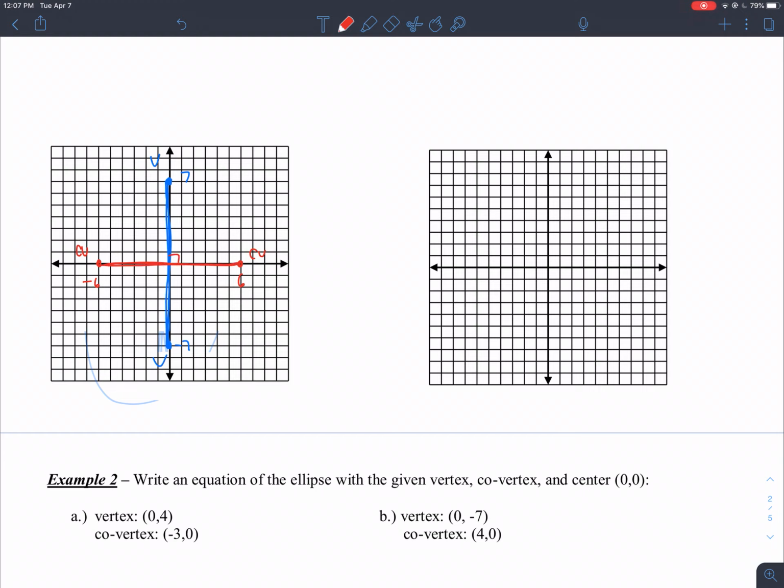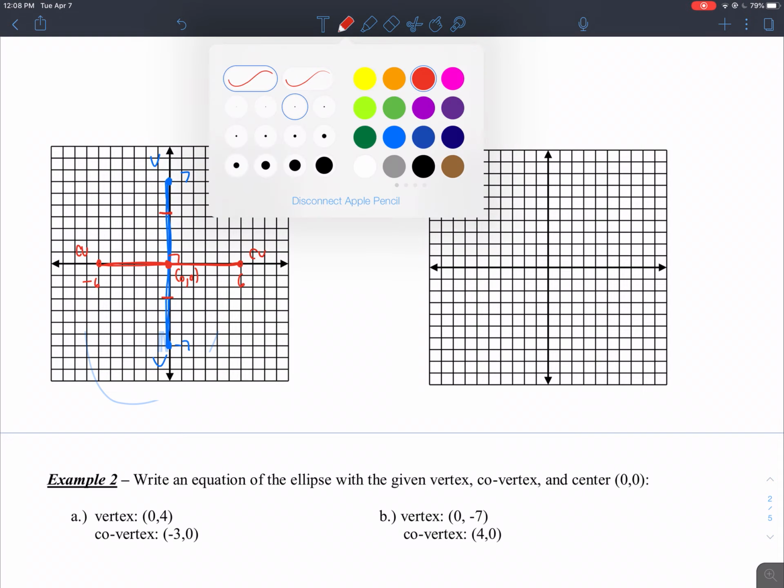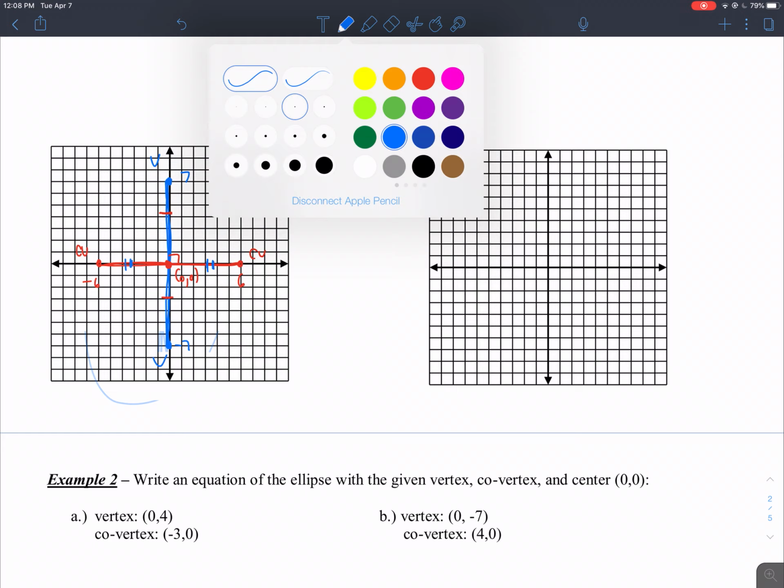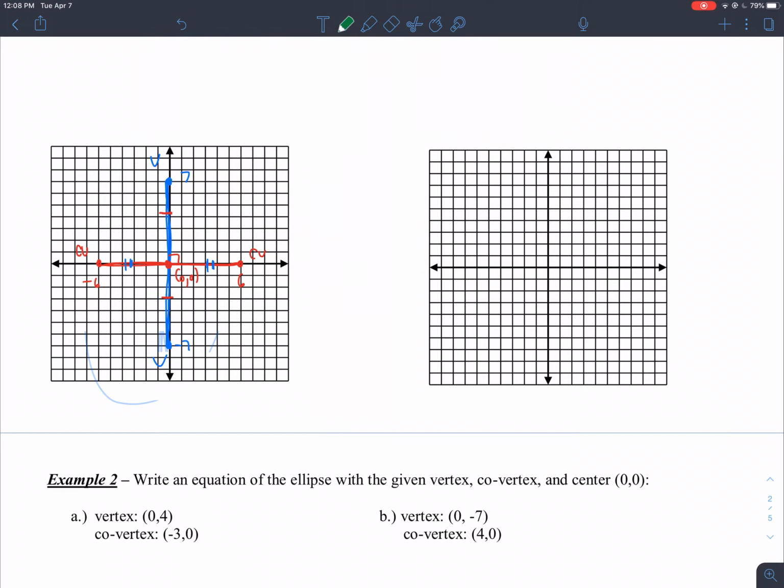We said all this stuff. The center is the origin for all of our ellipses in this section. And remember that the center bisects the axes. Okay, so these distances are the same. All right, and you can draw your ellipse. Let me use green. I can draw my ellipse.